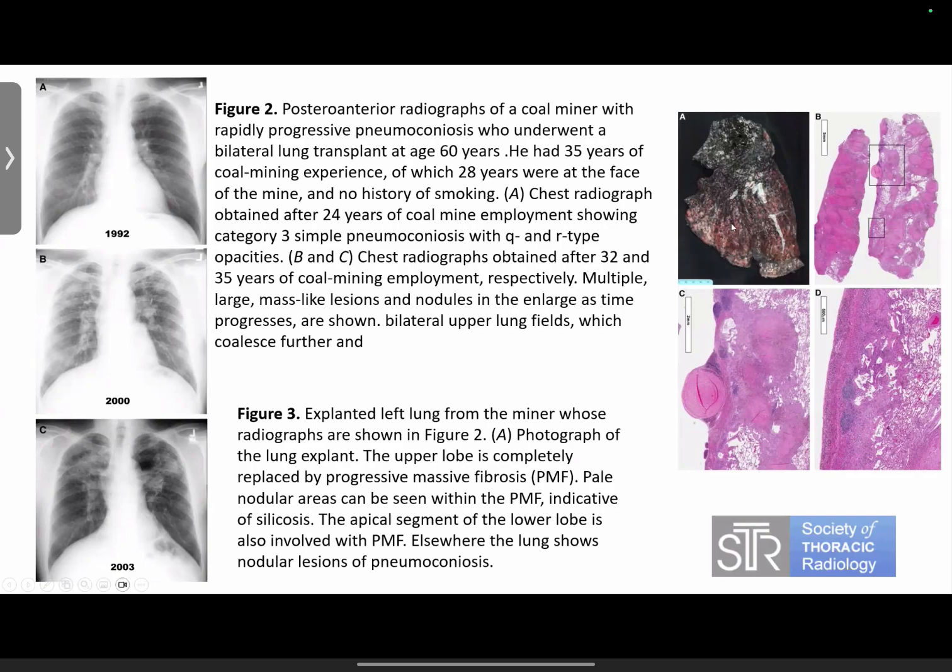And here you can see the specimen, his lung. You can see how destructive the upper lobe of the lung has become. All these very invasive areas have been replaced by progressive massive fibrosis here at the superior lungs, and nodular lesions, as you can see here.